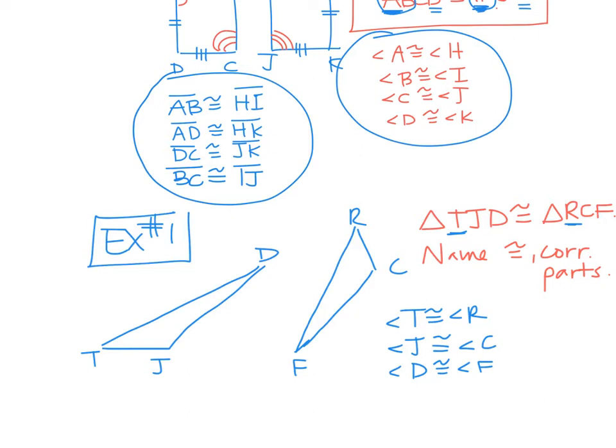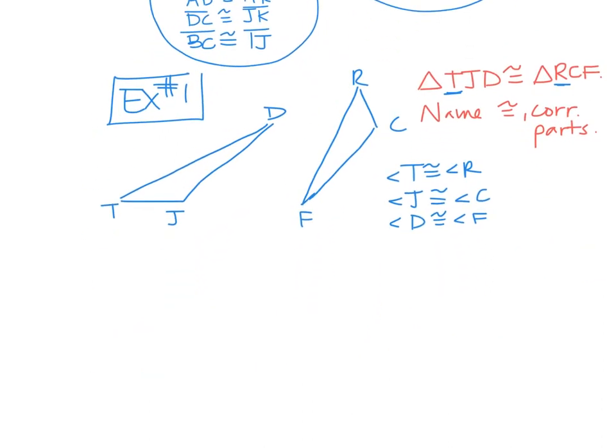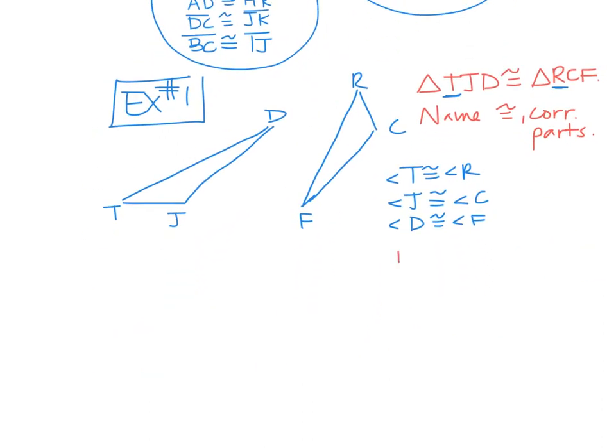How about segments then? What is TJ congruent to? RC. Segment TJ is congruent to segment RC. Segment JD is congruent to what? CF, right? If you look up here, JD is the second and third, so you do second and third over here, CF.